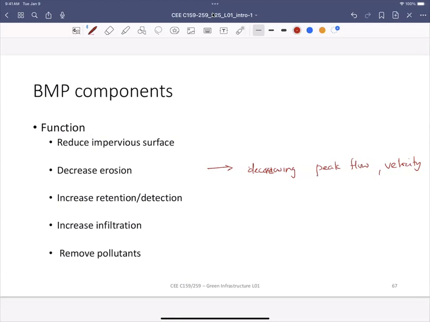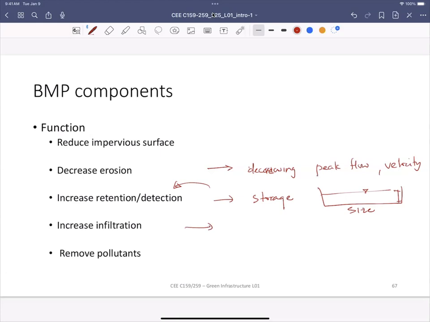Increased retention or detention is basically related to storage. If you have any layer where the size is big and there is a depth where water can pond, that basically gives you increased retention. Increased infiltration is related to the filter layer.